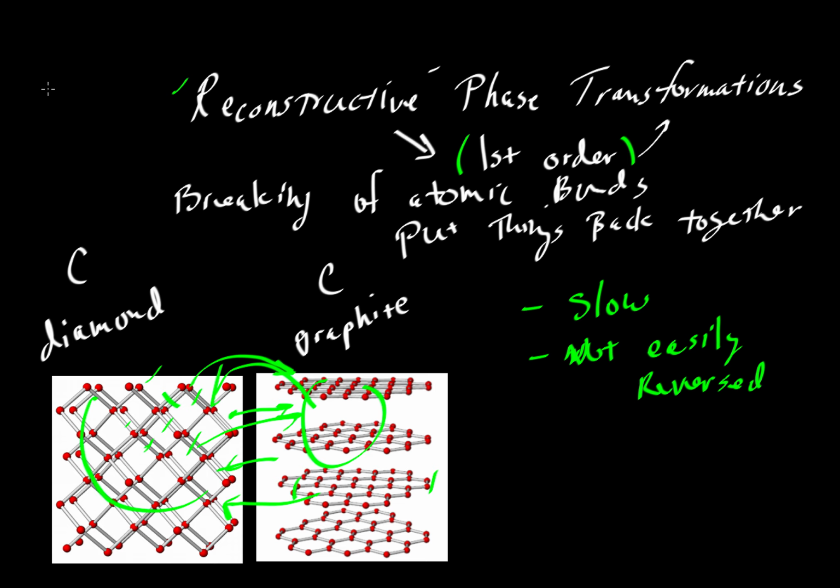As we've talked about in some of our other diagrams, we can draw a Gibbs free energy diagram where we put graphite over here and diamond over here. At low pressures and low temperatures, graphite is stable. It has the lowest Gibbs free energy, and diamond is not stable. But they're separated by a very large activation energy barrier. So if you've got diamond here, it is metastable.